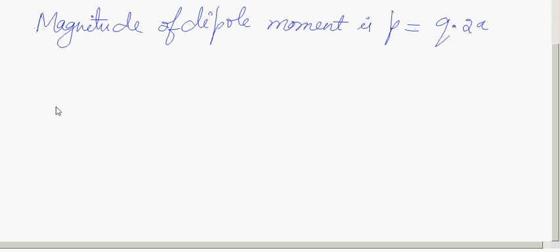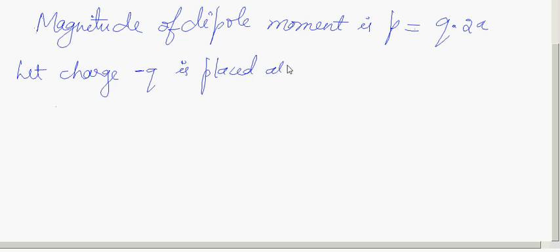Let charge minus q be placed at P and charge plus q be placed at capital Q. Now we'll draw here.